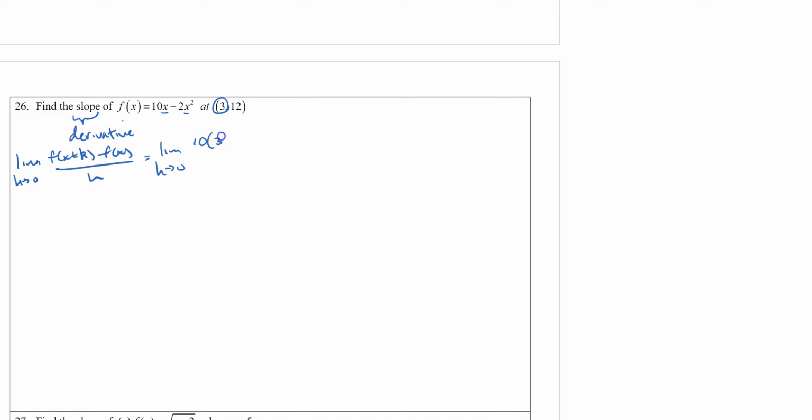So we get 10 times 3 plus h minus 2 times 3 plus h squared, minus f of x, which is 10x, but we know that x is 3, so 10 times 3 minus 2 times 3 squared, and that whole thing divided by h.